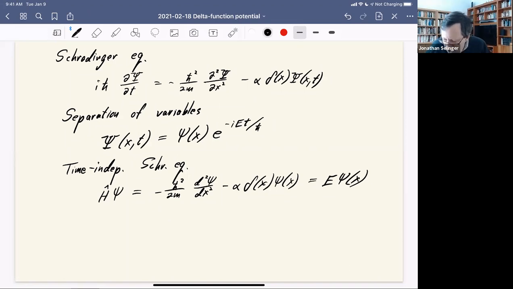Okay, so this then is the differential equation that we want to solve to get out the wave function in the delta function potential.